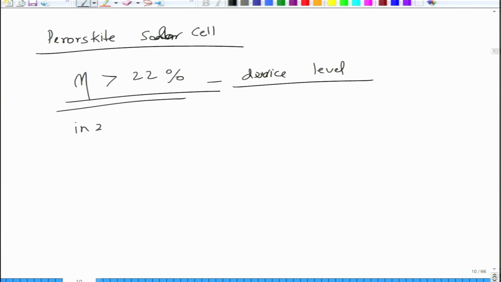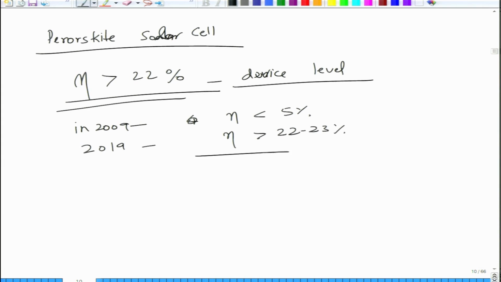In 2009 it started with an efficiency of less than 5%. In 2019 we have more than 22 to 23%. Huge jump within the past 10 years on these perovskite solar cells, and right now this is one of the most exciting technologies on which people are working.